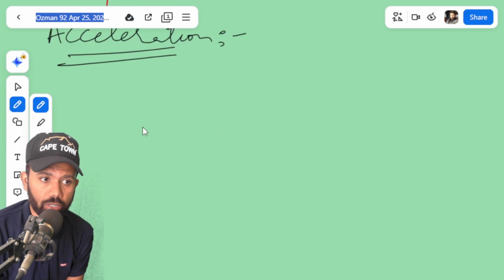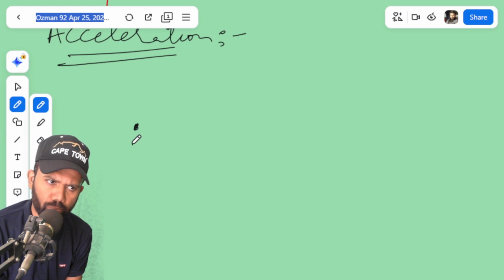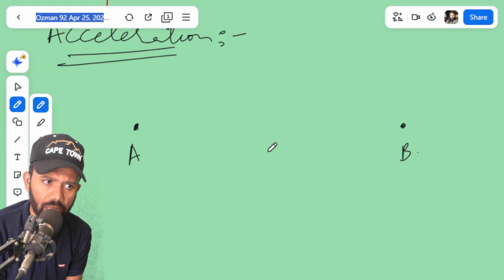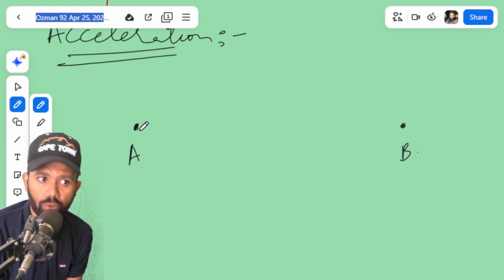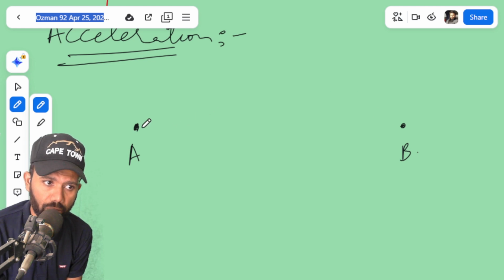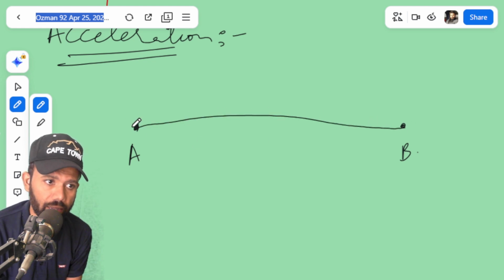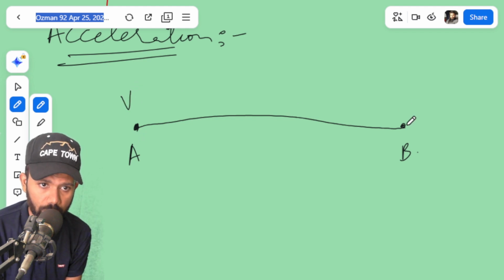What is acceleration? Again, we have point A and point B, and you want to go to point B from point A. You start from point A with a velocity, and of course when you reach point B you have a certain velocity, right?